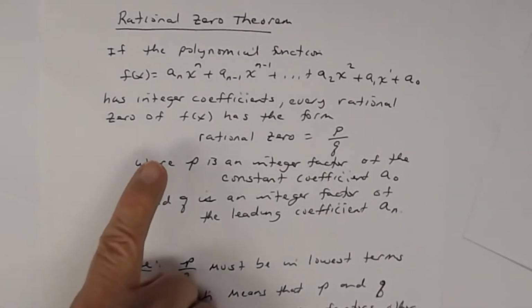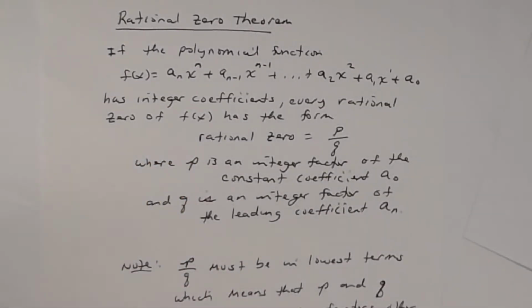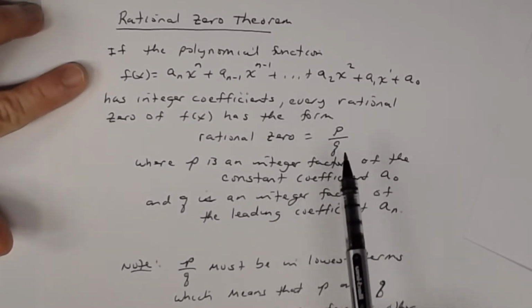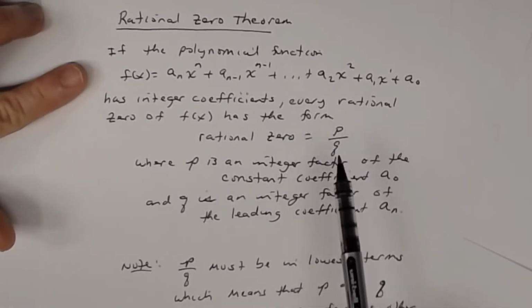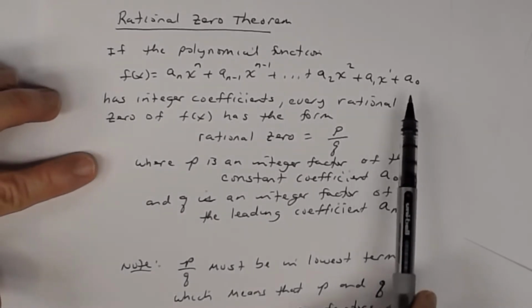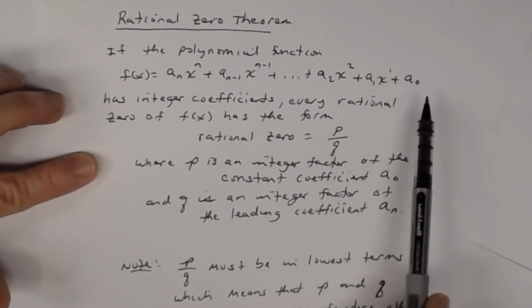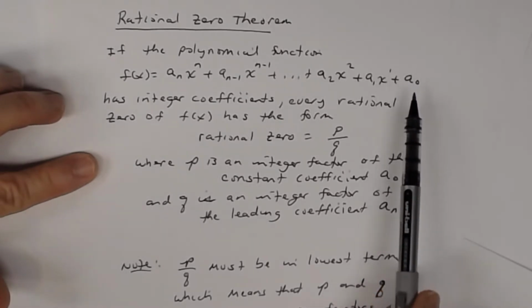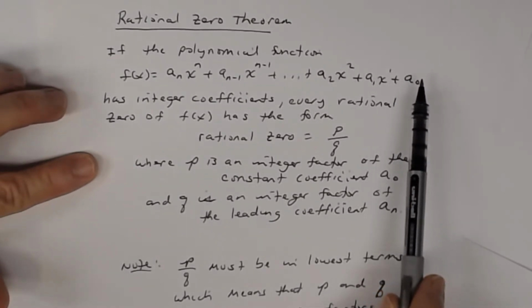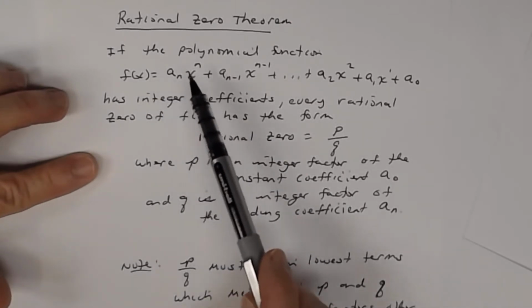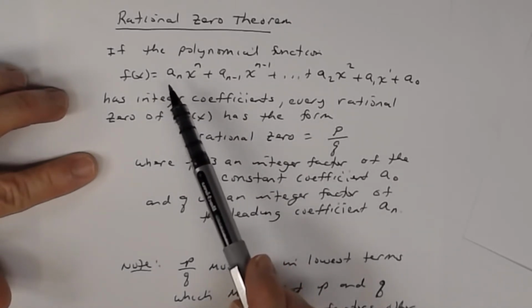So I just want to keep in mind that the rational zero theorem says this: if a polynomial function has any rational zeros, then the rational zeros will be of this form: p divided by q, where p is an integer factor of the constant coefficient, the constant term, and q is an integer factor of the leading coefficient.